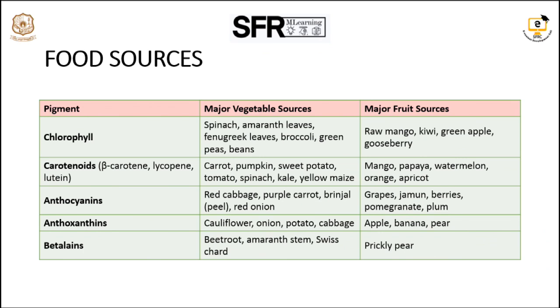The carotenoids, which include beta carotene, lycopene, lutein, zeaxanthin, cryptoxanthin, and all those carotenoid classes, are present mainly in carrot, pumpkin, sweet potatoes, tomatoes, spinach, kale, yellow maize, and in fruits such as mango, papaya, watermelon, orange, and apricots.